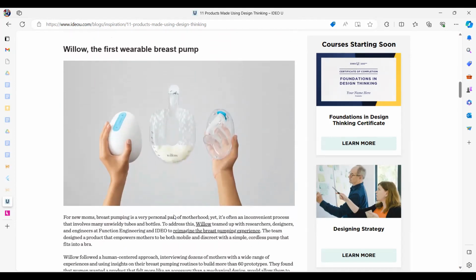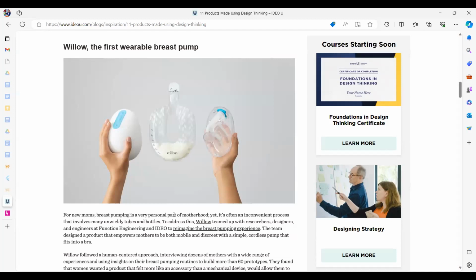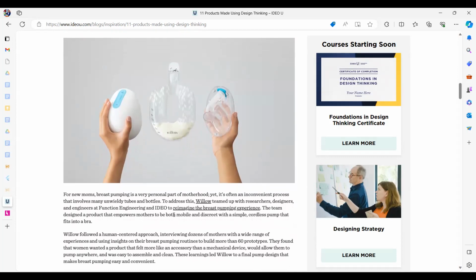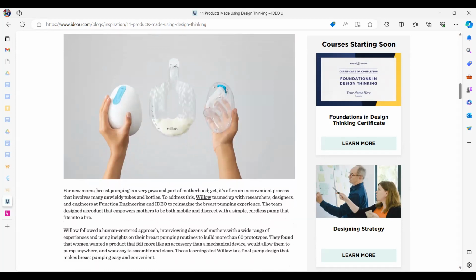Here's another one. Willow. First wearable breast pump. Right? So what is the problem they solve? For new moms, breast pumping is a very personal part of motherhood. So these are for mothers who are working.